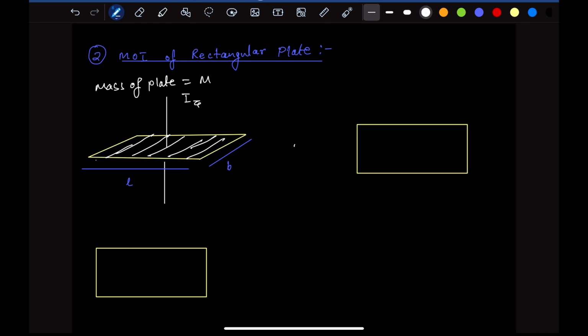So here this is the top view of this rectangular plate, and this is the horizontal axis, right? Okay, let me draw it again. Yeah, looks nice. And this is another. Great. So this is the x-axis, this is the y-axis. So if somehow I can calculate Ix and Iy, using the perpendicular axis theorem I can calculate the Iz, right?